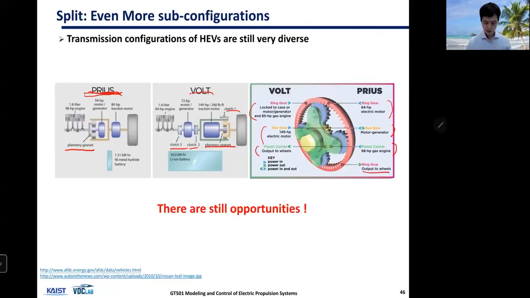By the way, what I meant by there are still opportunities is that we are just looking at two examples of how to connect 4 components with 3 shafts, right?